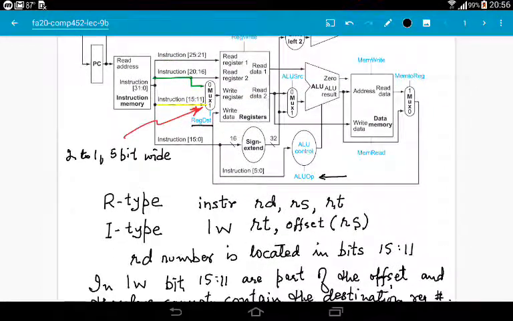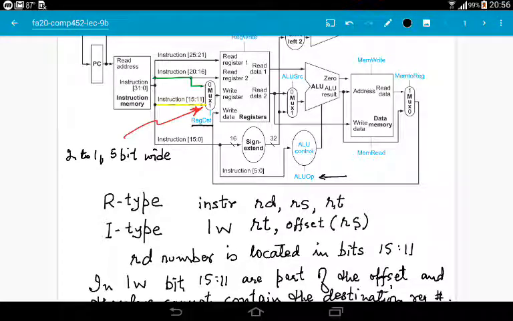You can see that this ALU source line will be 0 for all R-type instructions, and it will be 1 for I-type instructions such as load word, store word, add I, AND I, OR I. For all these instructions, the ALU source select line will be 1.